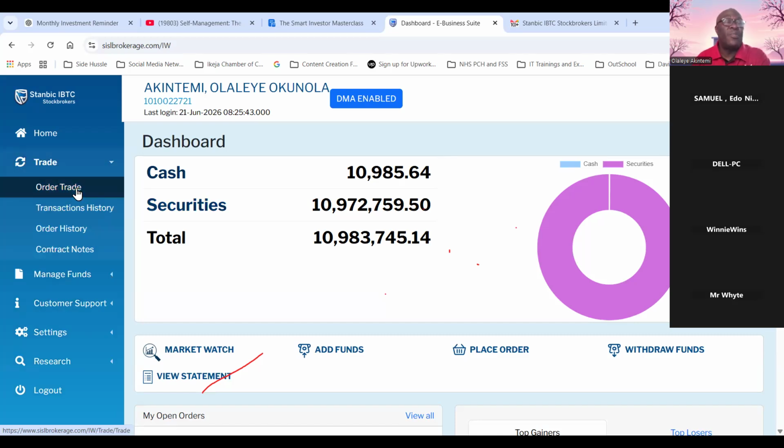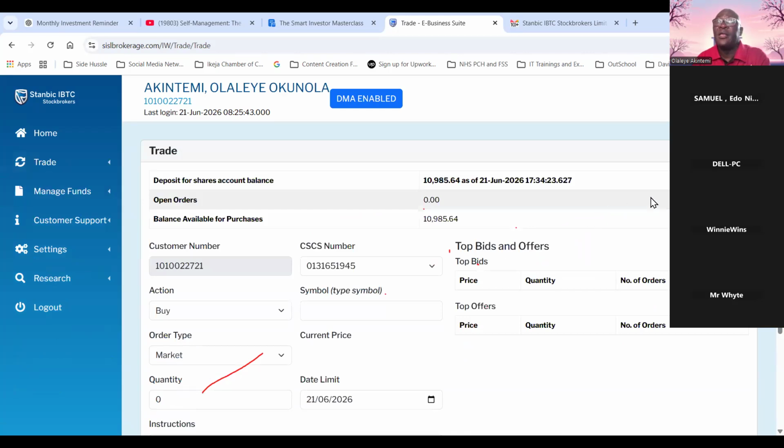So this is the process I do when I want to buy stock on Stanbic IBTC. I go into order trade, and you can see here on my screen it says top bids. Under top bids and offers, you have top bids, you have top offers.